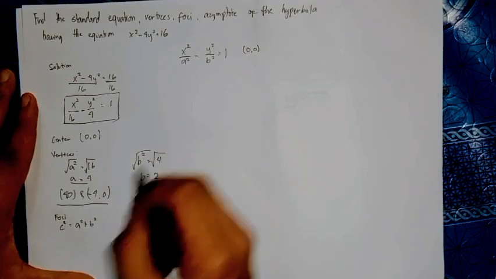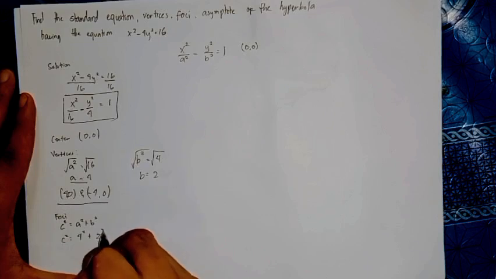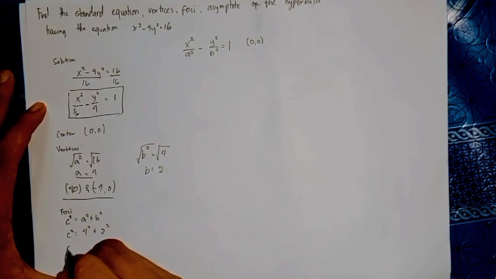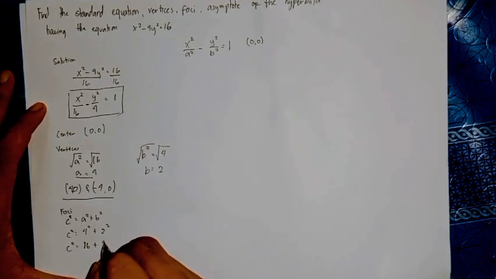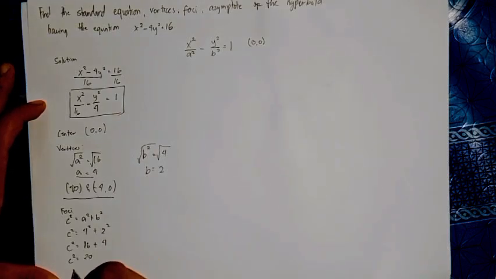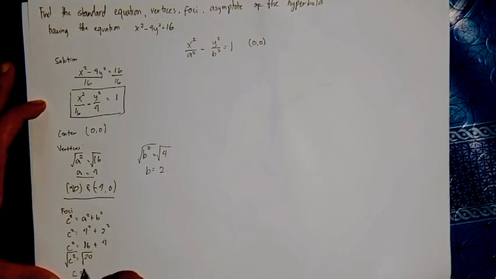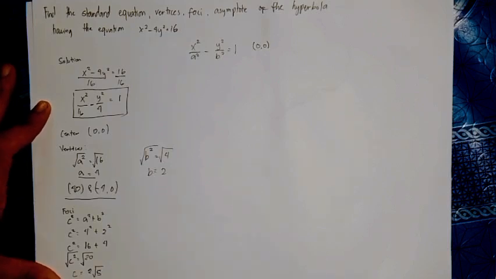So c squared is equal to 4 squared plus 2 squared. 4 times 4 is 16, plus 2 times 2, which is 4. So c squared is equal to 16 plus 4, which is 20. Take the square root to find c. c is equal to the square root of 20, which is 2 square root of 5. This is now the value of c.